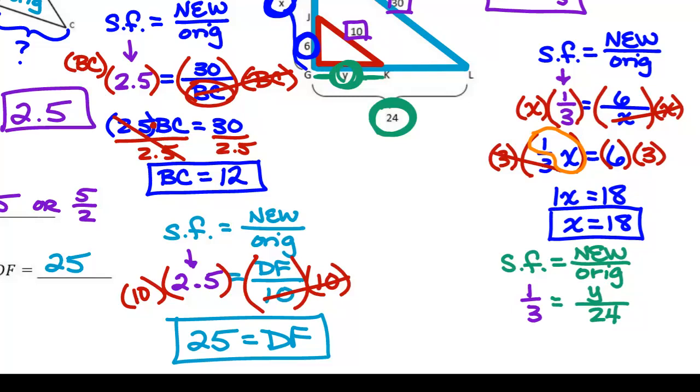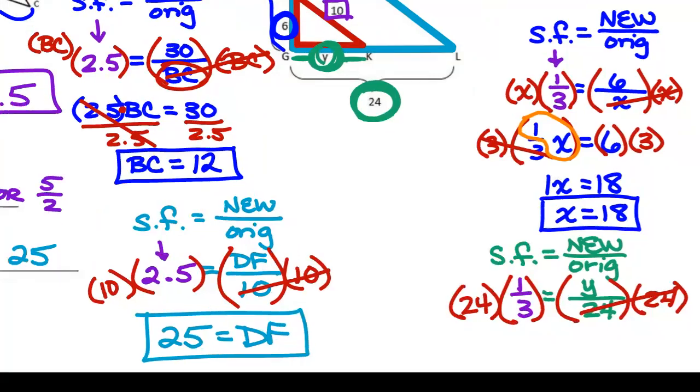What I'm looking for, y, is part of a fraction. We've got to get rid of a fraction. What should I do to get rid of the fraction over here where y is? Multiply both sides by 24. So it cancels the 24 out in my denominator on the right-hand side.